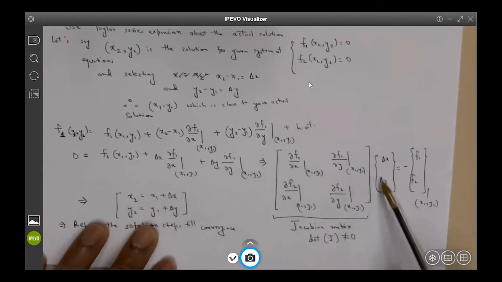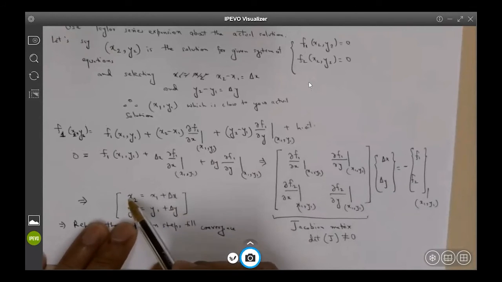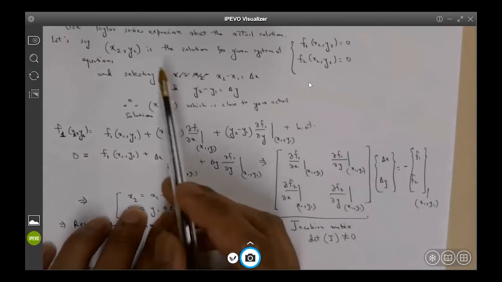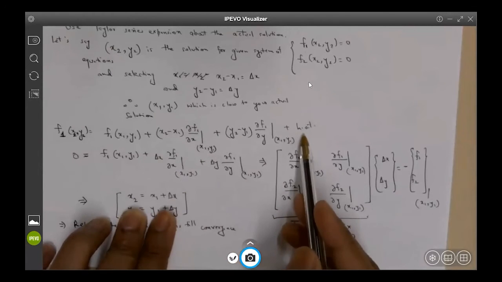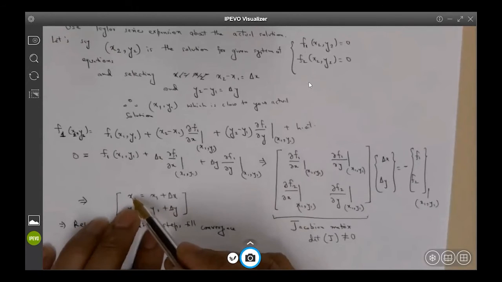So we solve for delta x and delta y and add them to our original estimate. This is our initial estimate, x1, y1. Then for the second iteration, we get x2 as x1 plus delta x. Now this will not be the same as the actual solution because we have neglected all the higher order terms. So our delta x will not lead us to the actual x2.